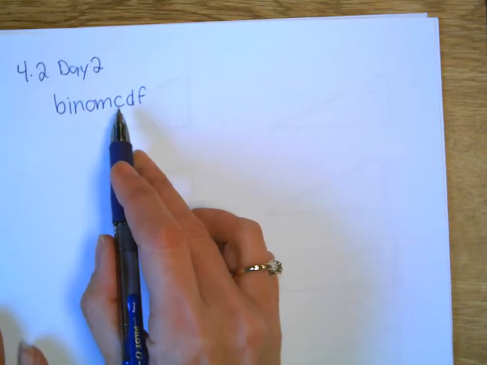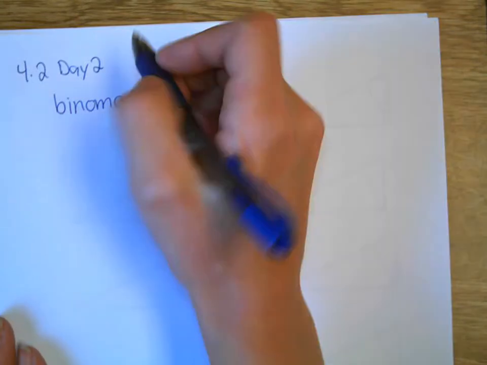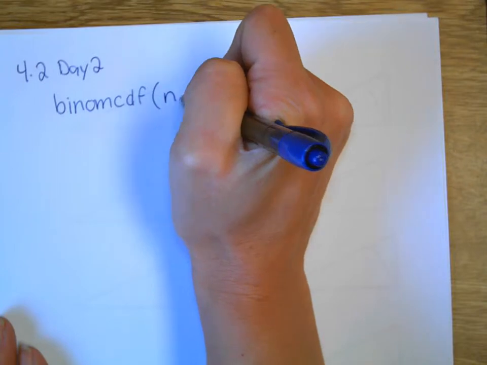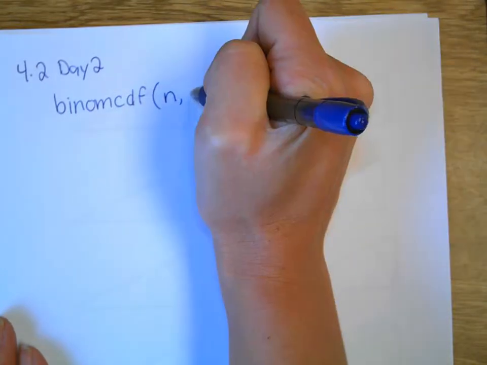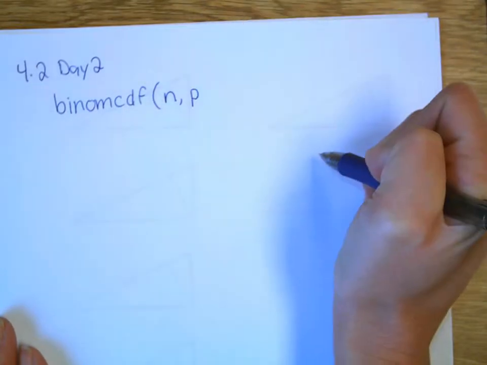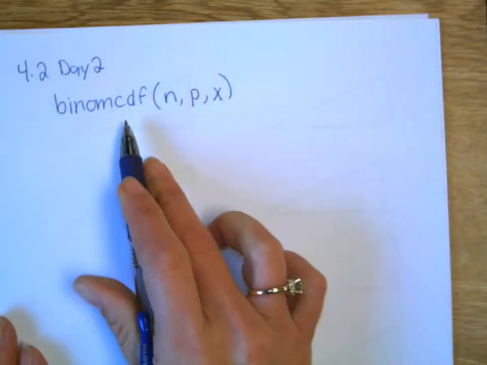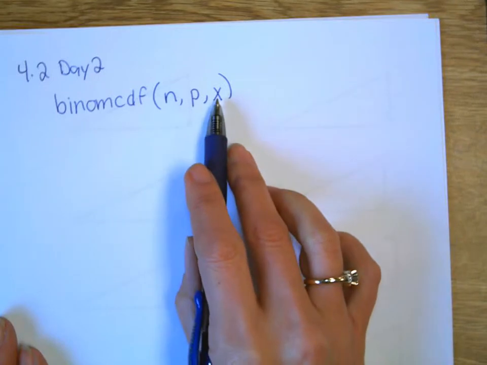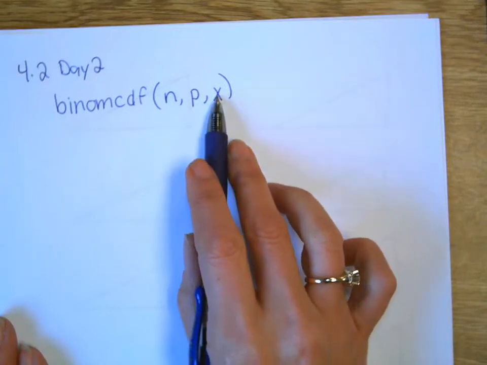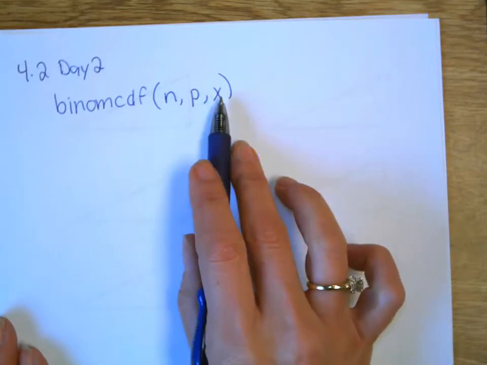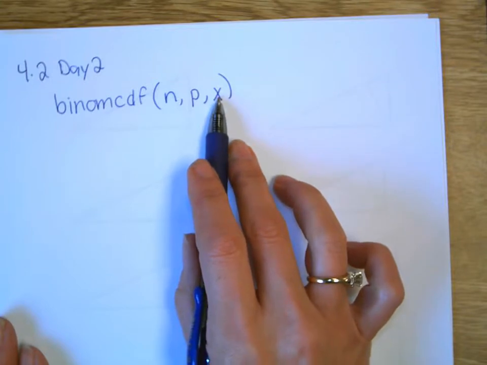And this binom CDF can be your shortcut. If you feed it the number of trials, the probability of a success on each trial, and then an X value, what this program does is it starts by substituting in 0 for the X, 1, 2, 3, and then stops at whatever X number you put in.